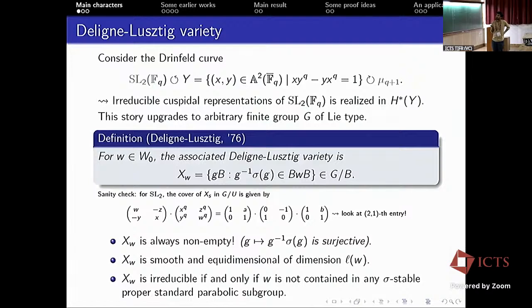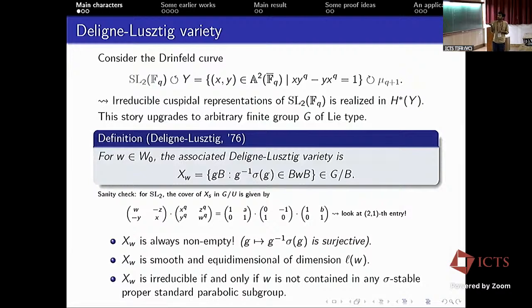To begin with, this is always non-empty because the Lang map is surjective, which also incidentally explains why, if I had tried to make it a bit more complicated and introduced an additional group element in between g^{-1} and σ(g), it wouldn't make a difference, because you can always σ-conjugate that to the element 1. Even if you introduce an element here, it's going to be isomorphic as a variety to this X_w.